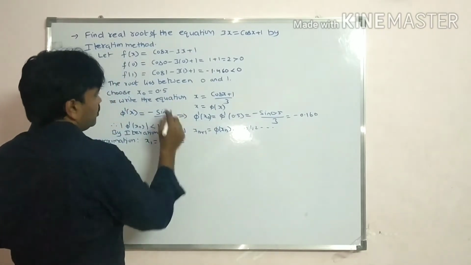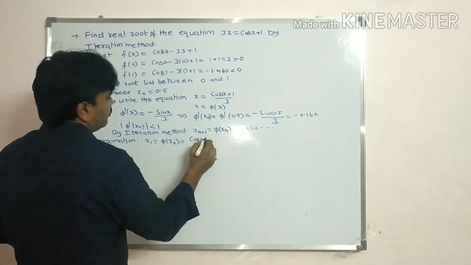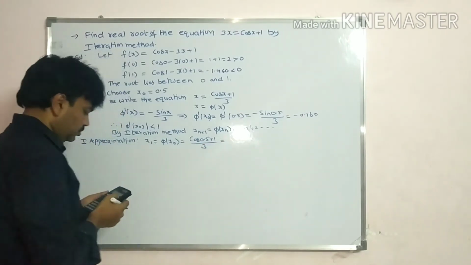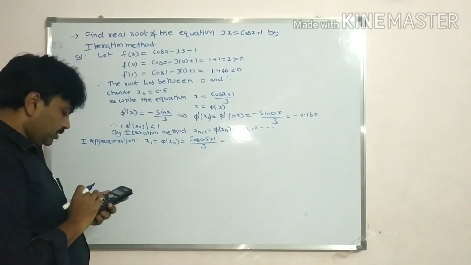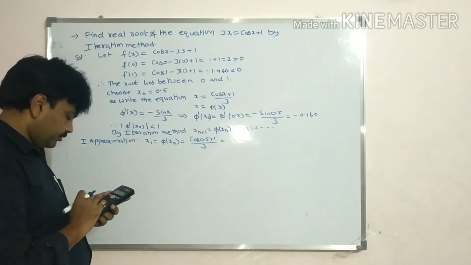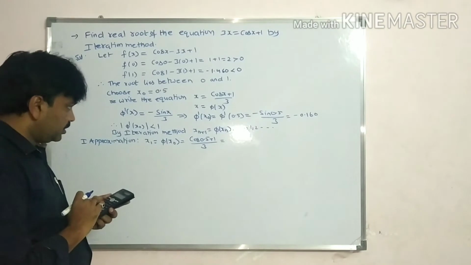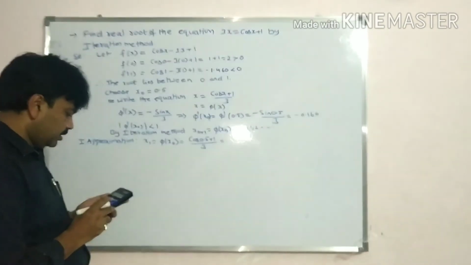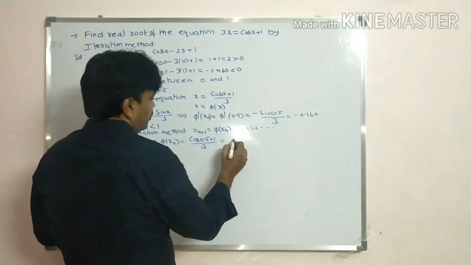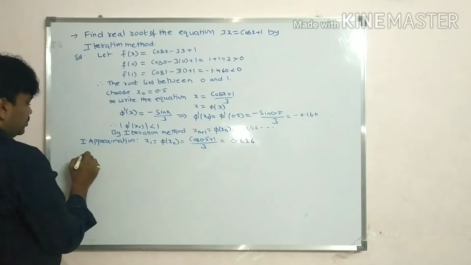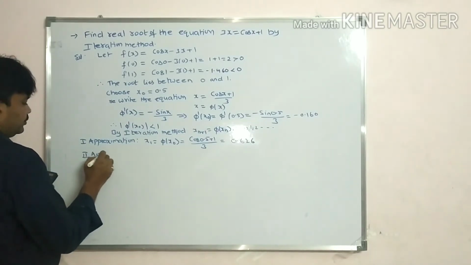What is x naught? 0.5. So (cos 0.5 plus 1) by 3, that is equal to bracket cos 0.5 plus 1 bracket close divided by 3. We get 0.626, students.